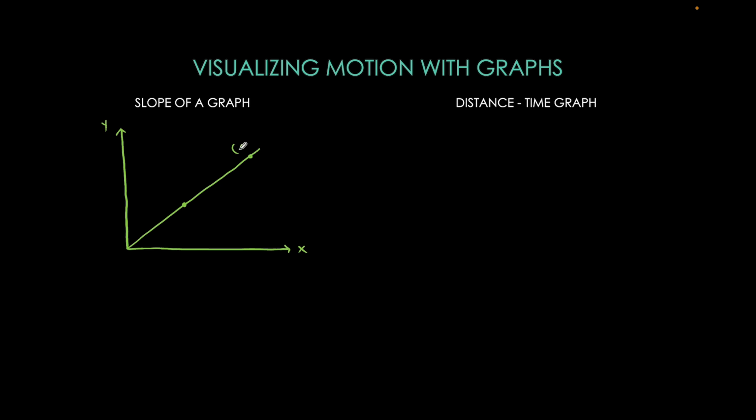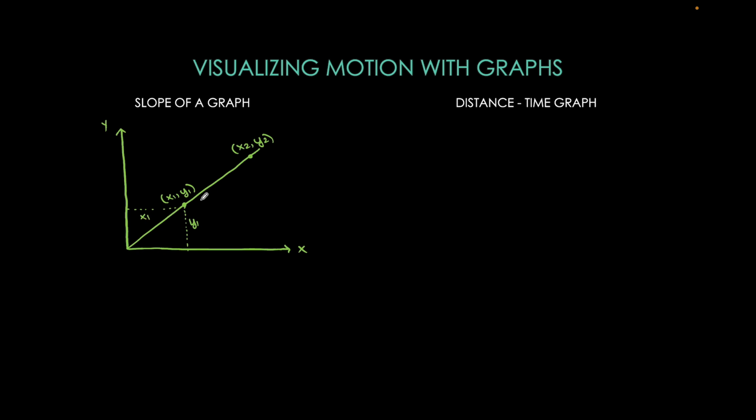So let this point be x2 comma y2. We always write the x coordinate first and then the y coordinate. And this point be x1 comma y1. So now what is x1 and y1? So basically y1 is the distance from the x-axis and x1 is the distance from the y-axis.